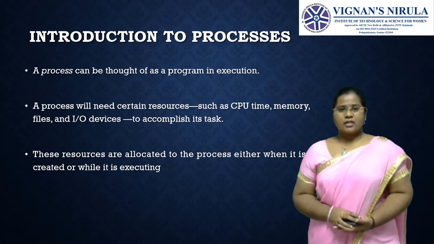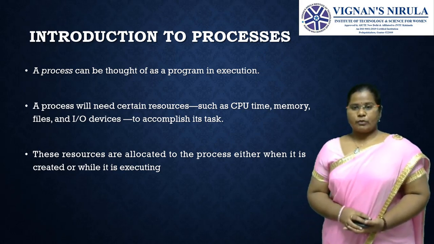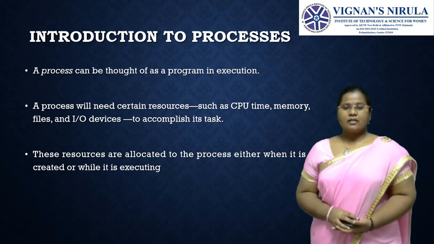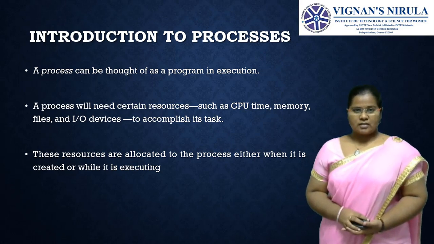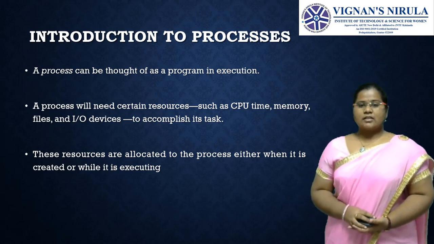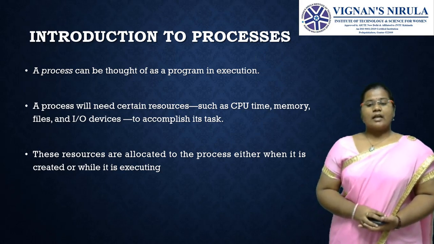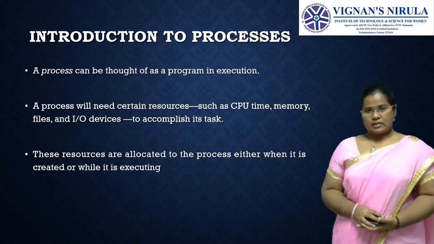In order to execute a process, we need many resources like CPU time, memory, files and I/O devices to accomplish its task. These resources are allocated to the process either when it is created or when it is being executed.